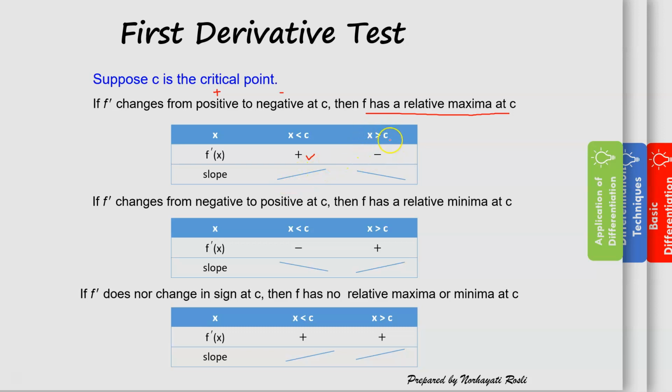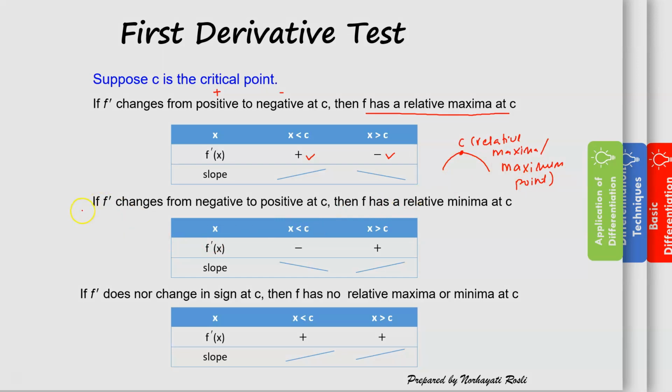For x greater than C, f prime of x is negative, so the slope will be a downhill trend. When we plot, we get this kind of curve. This one is point C. At this point, we call it a relative maxima, or we can also say that it is the maximum point at C.